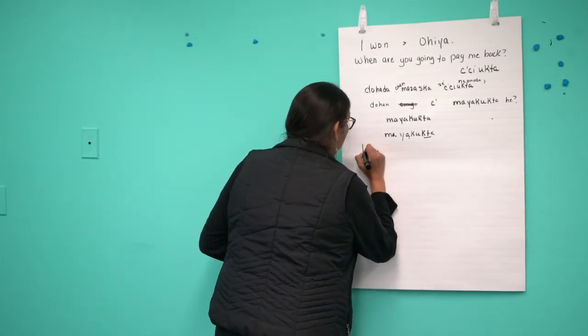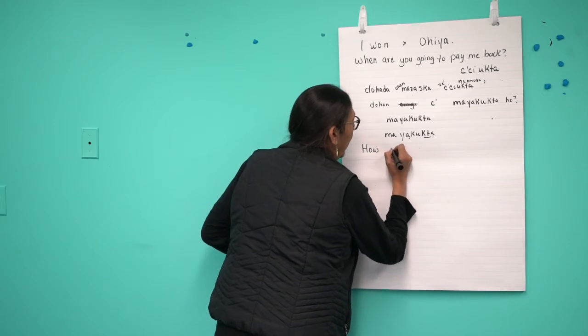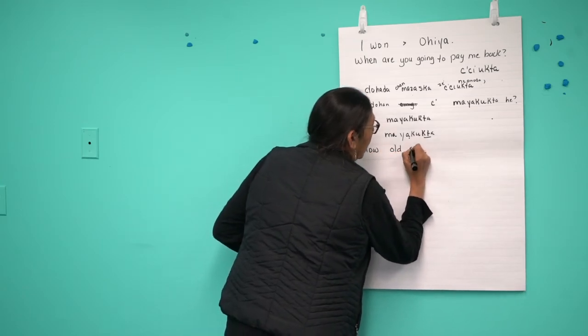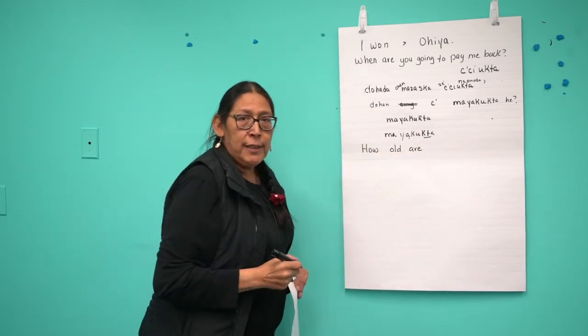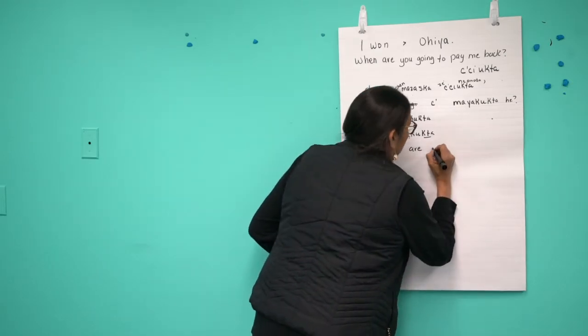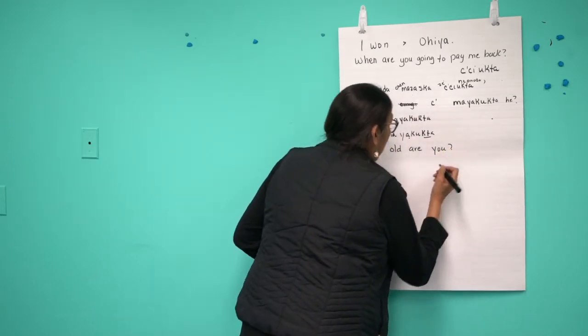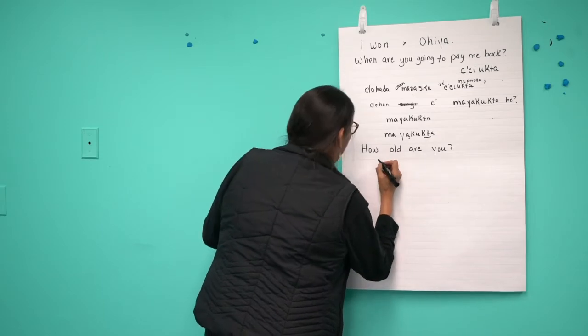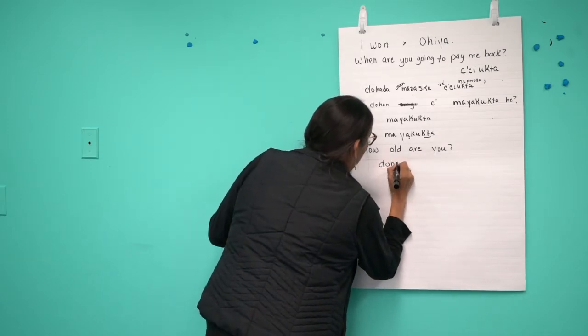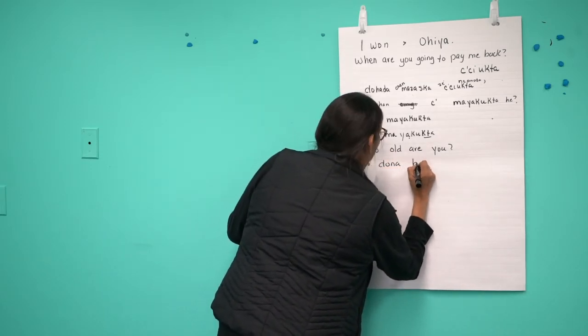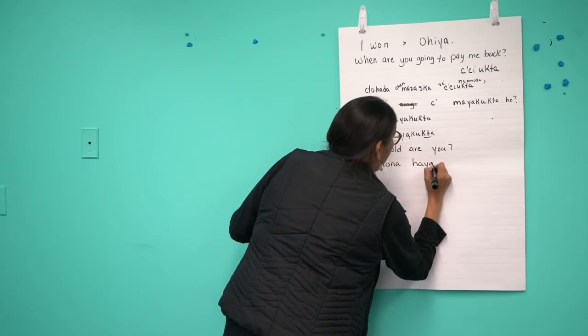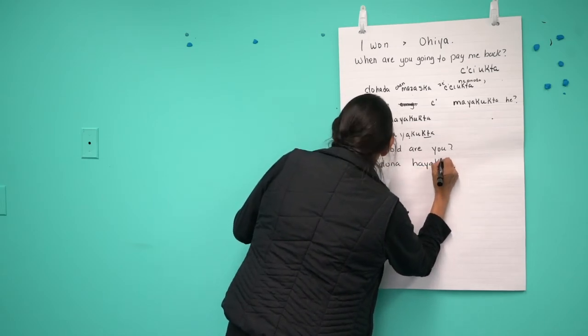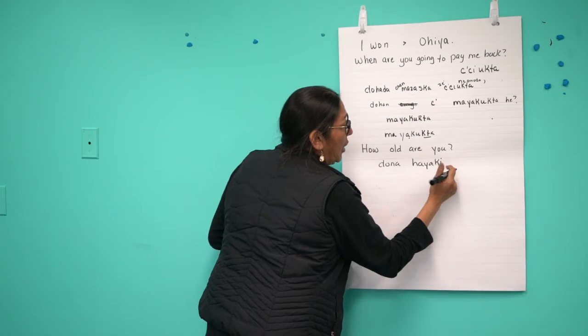How old are you? Like I said, there's no wrong way. There are always different ways to say things, and this is one of them. Dona, how many? Hayaki. How far, how much have you reached?